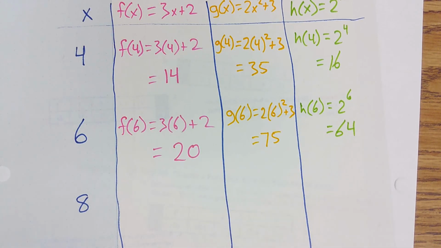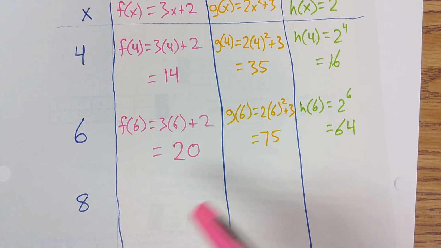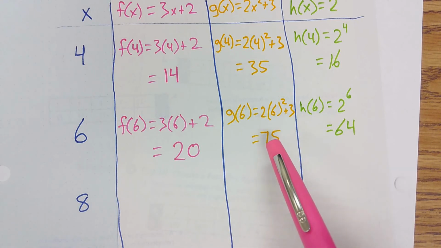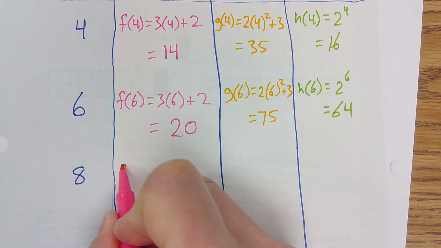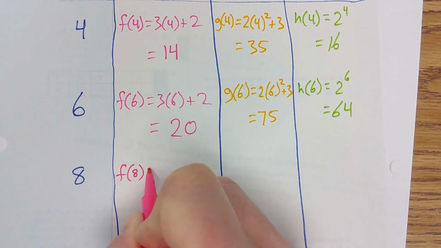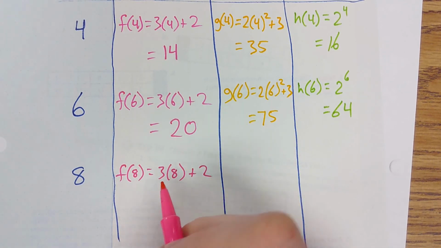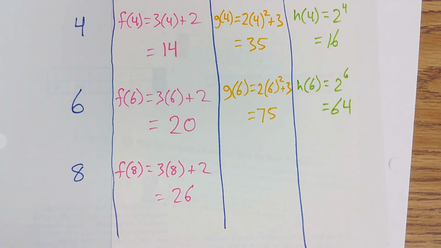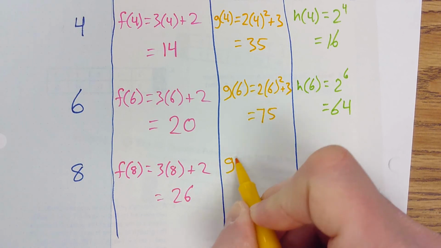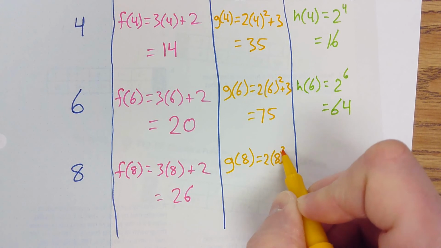And as we move on to our last one, we're going to see that this exponential function jumps ahead and is growing much faster than the others. Even though the quadratic grows quickly, the exponential is going to grow even quicker. So we look at f of 8 equals 3 times 8 plus 2, and that is 26. g of 8 equals 2 times 8 squared plus 3.